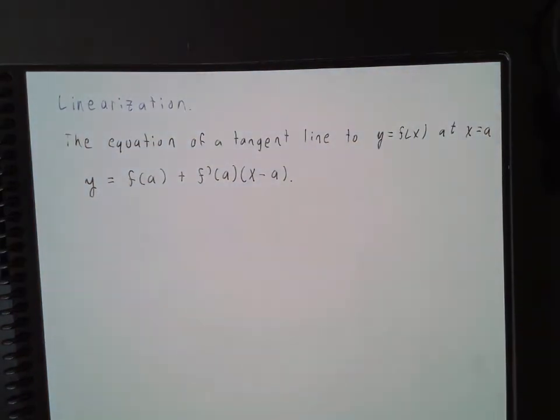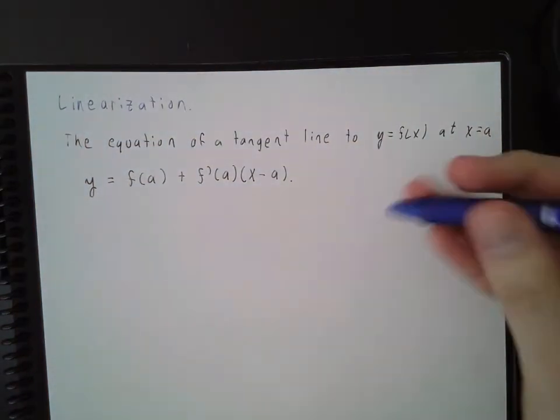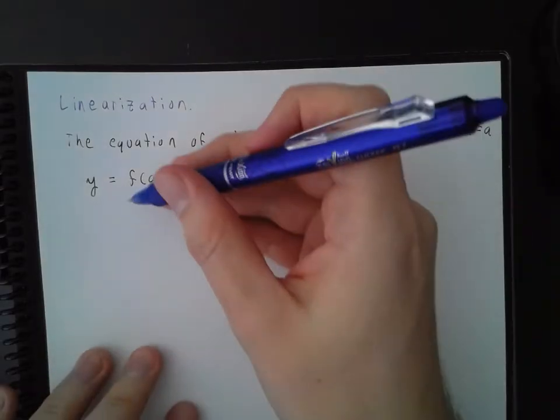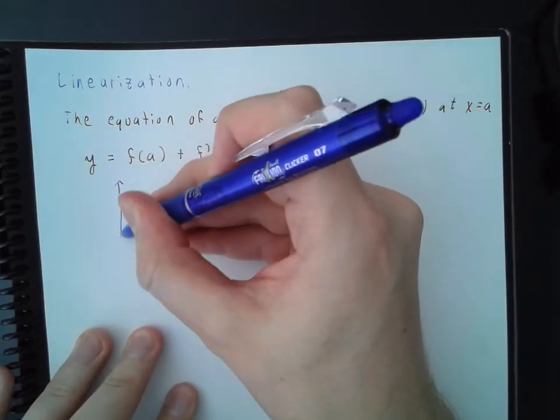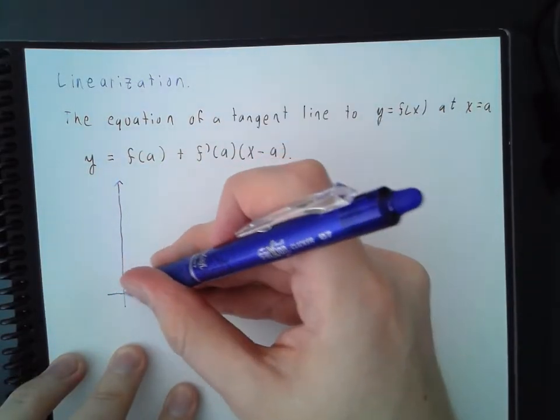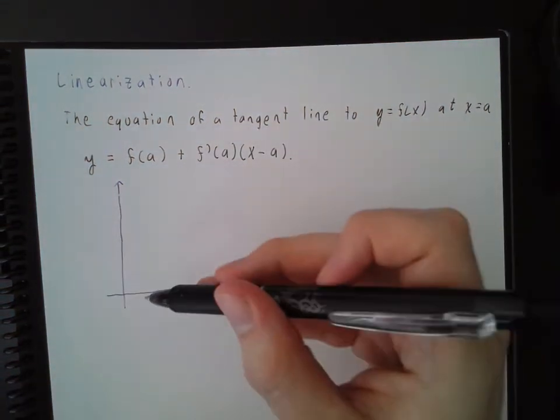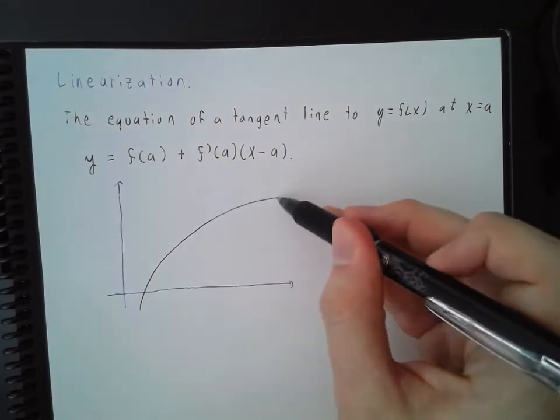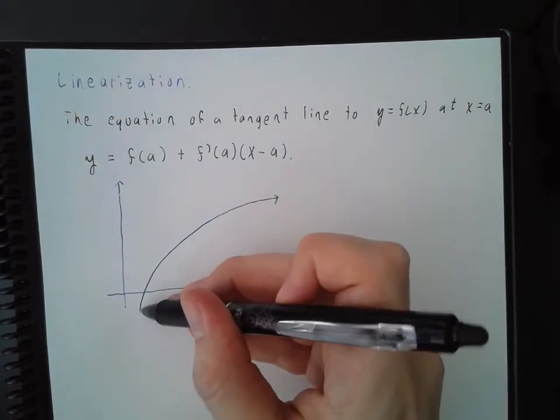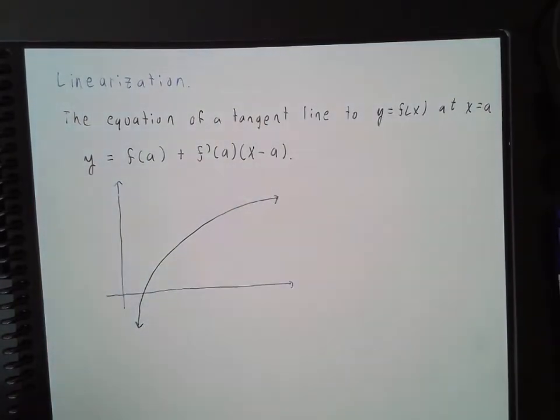So with this equation we can even do more, and to be able to see why, let me just draw any function and its tangent line. So right now we have something like a square root function, or it looks more like a logarithm.